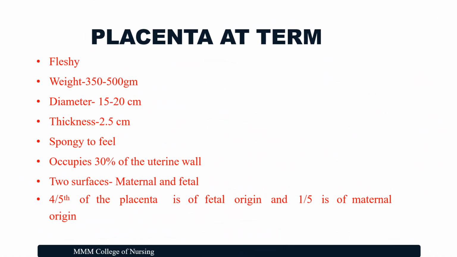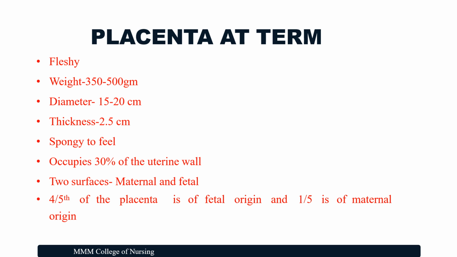How does the placenta look at term? It is fleshy, it weighs about 350 to 500 grams, is almost a circular disc with a diameter of 15 to 20 centimeter and the thickness of about 3 centimeter at its center, and it feels spongy.